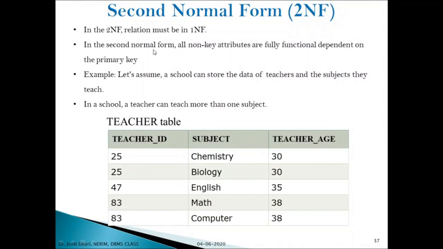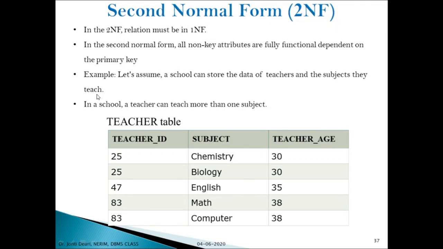In the second normal form, all non-key attributes are fully functionally dependent on the primary key. We have discussed fully functional dependency in the previous classes. Non-key attributes are the others which are not the primary key.